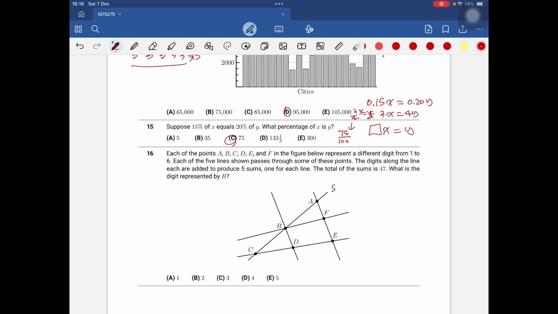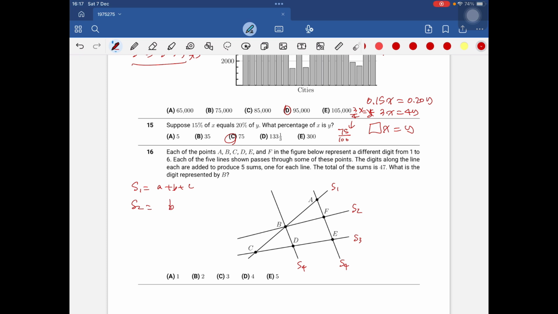Let's call S1 the sum of the numbers on the first line, which is A, B, C. S2, F and B. S3, C, D, E. S4, A, E, F. S5, B plus D.